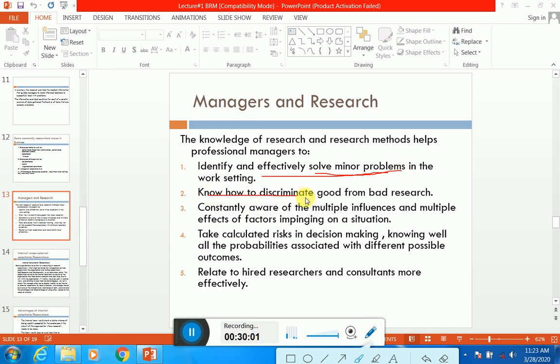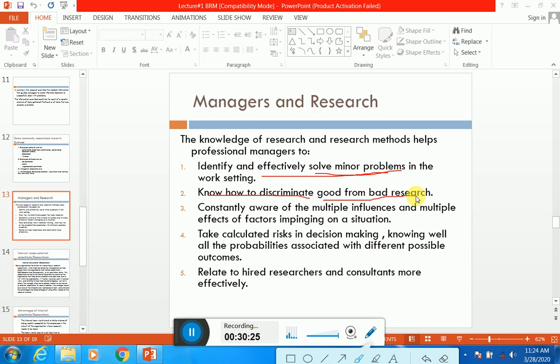Second, know how to discriminate good and bad research. It means managers are able to make a difference between good and bad research. Good and bad research doesn't mean really good and bad. Here we are talking about effective and ineffective research.